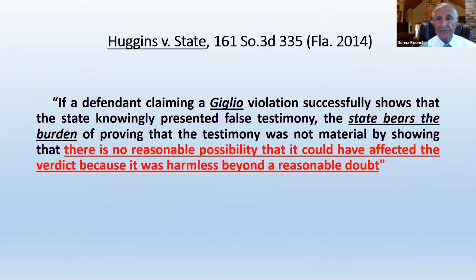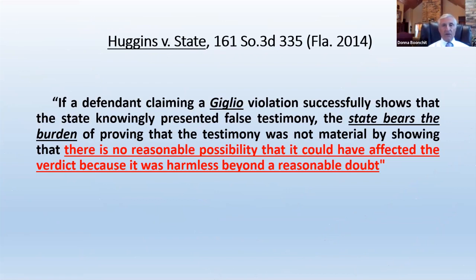Huggins versus State, Florida Supreme Court, 2014. If a defendant claiming a Giglio violation successfully shows the state knowingly presented false testimony, the state bears the burden of proving that the testimony was not material by showing that, and this is my underlining, there is no reasonable possibility that it could have affected the verdict because it was harmless beyond a reasonable doubt.